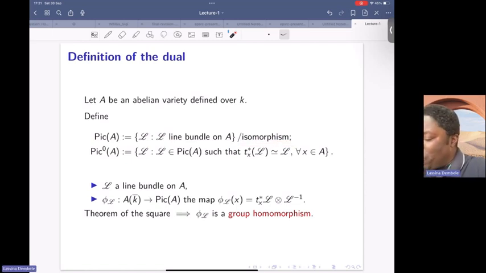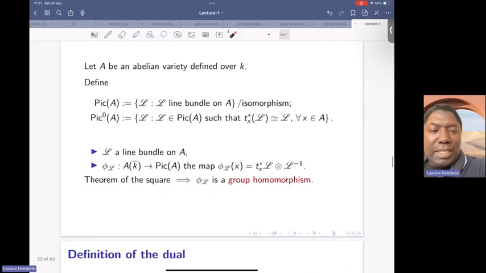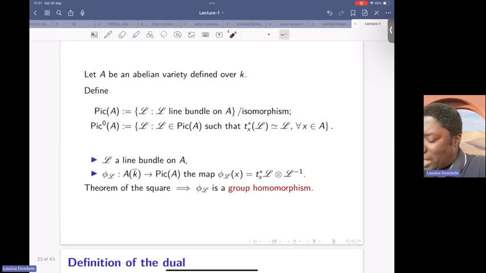And Pic 0 of A would be the subset of those line bundles which are invariant by translation by x, for any x in A. An easy consequence of this definition is that if you give yourself a line bundle L on your abelian variety, and you let phi L be the map defined by sending x to the pullback of L by translation by x, tensor with L inverse, you can show that this is, of course, again a line bundle.